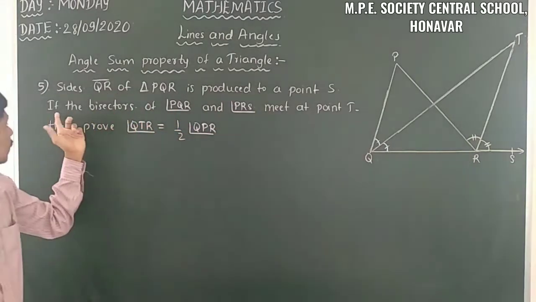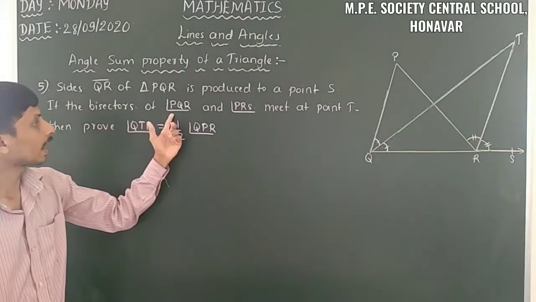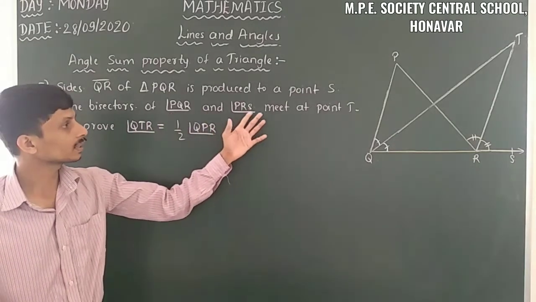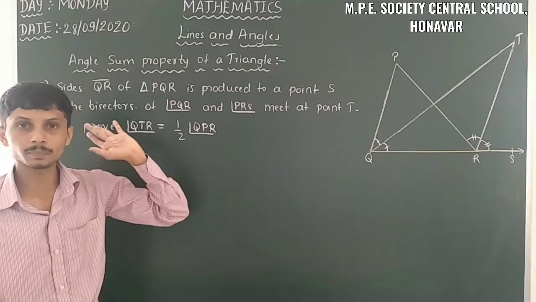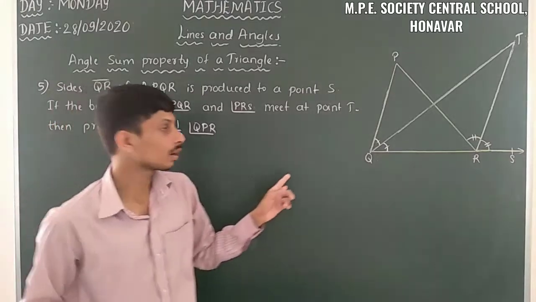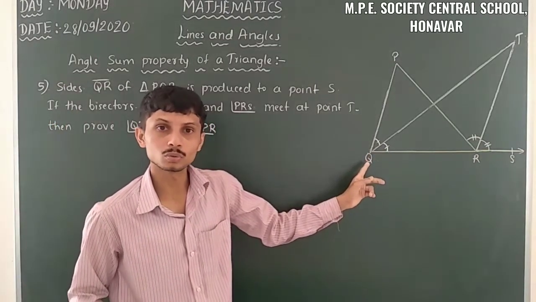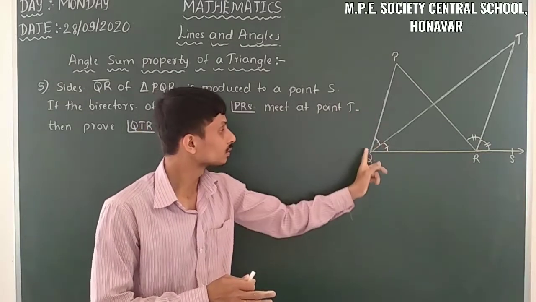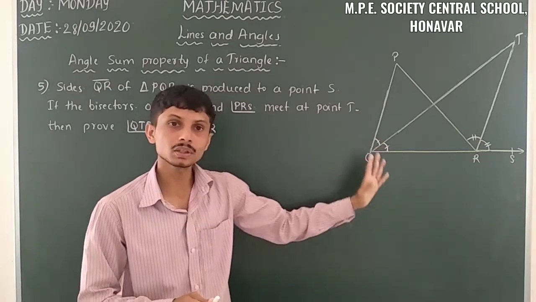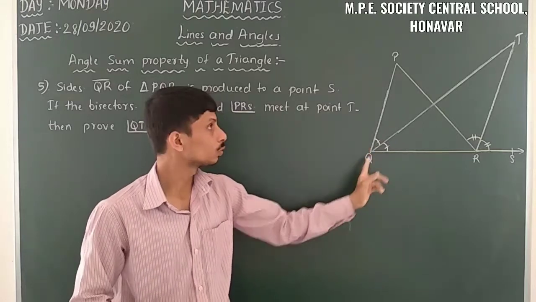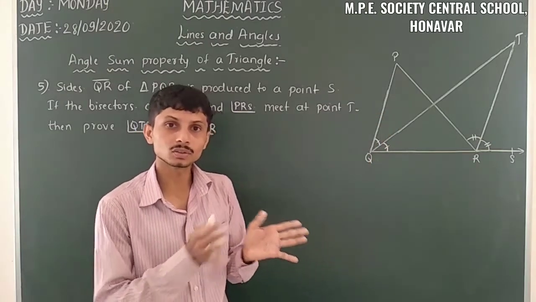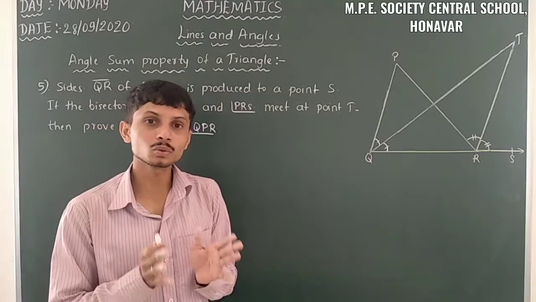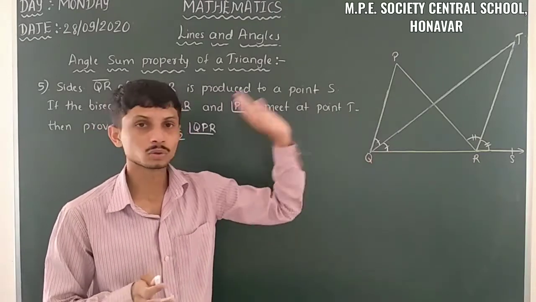Then the bisectors of angle PQR and angle PRS meet at T. That means we have taken a line from Q. Here, angle PQR is bisected into two equal parts by the line QT.